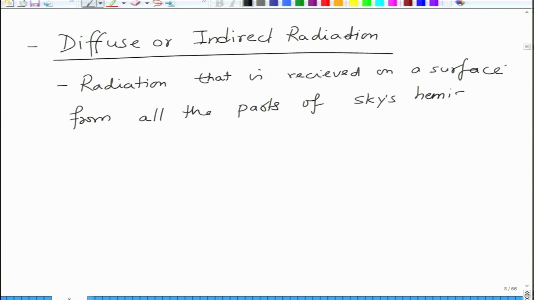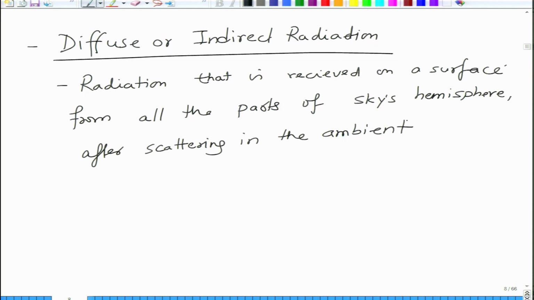So it is coming from all the sides, and this happens after scattering in the ambient. Whatever has undergone scattering is redirected onto the surface. Of course, some of it goes into space and some of it goes back to the object.